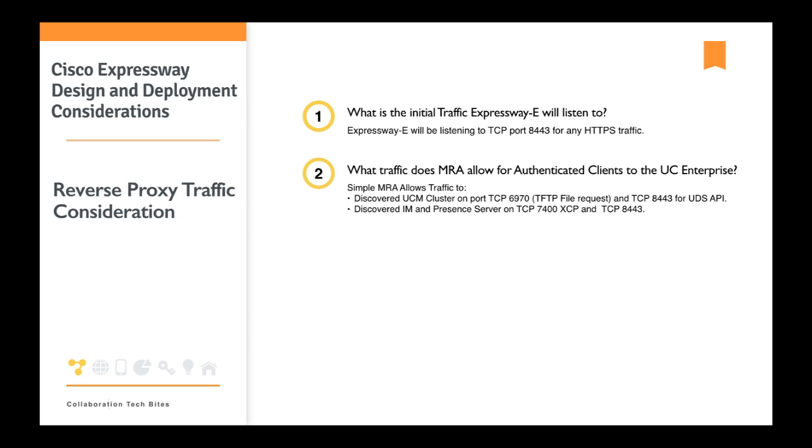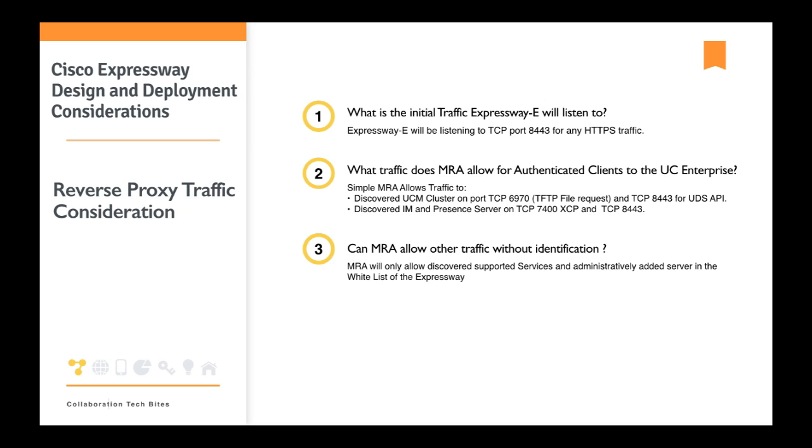A simple MRA deployment will allow discovery of the UCM cluster, so it needs to see port 6970. It means that I need to download the configuration file from the Call Manager. It also needs to see TCP 8443 for UDS, for contact search. It also needs to see IM and Presence on port 7400, which is XCCP, and also TCP 8443.